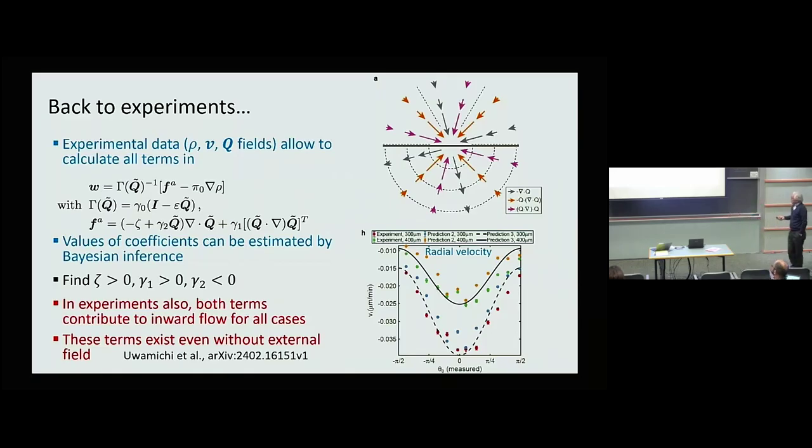And this is not only observed on the PDMS micropattern, but it was also observed in the natural pattern without PDMS inducing it. In the natural pattern, by using this framework, we obtain the same coefficients satisfying this relation.